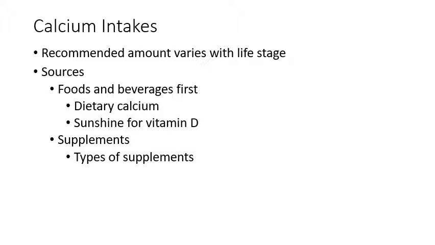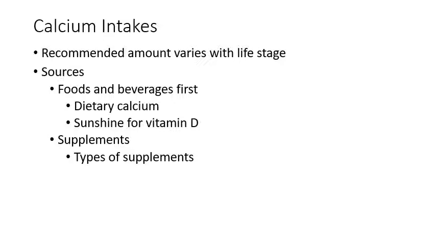It depends if you're a child, infant, pregnant woman, lactating, in your 20s, 30s, 50s, 60s. The amount of calcium you need varies with the stage of life you are experiencing right now and in the past and future. So, as far as sources of calcium, you want to get it from foods and beverages first.